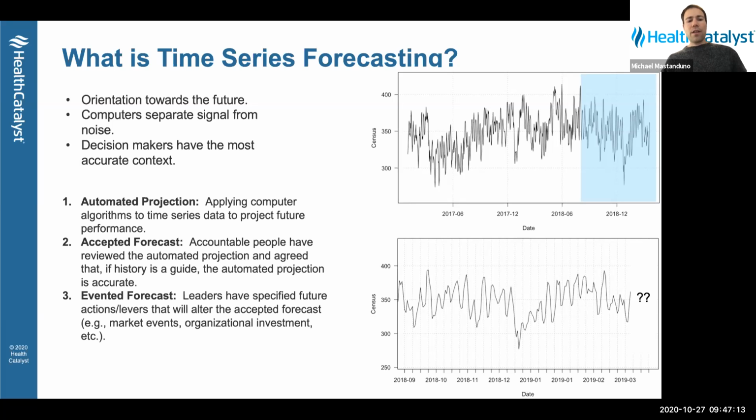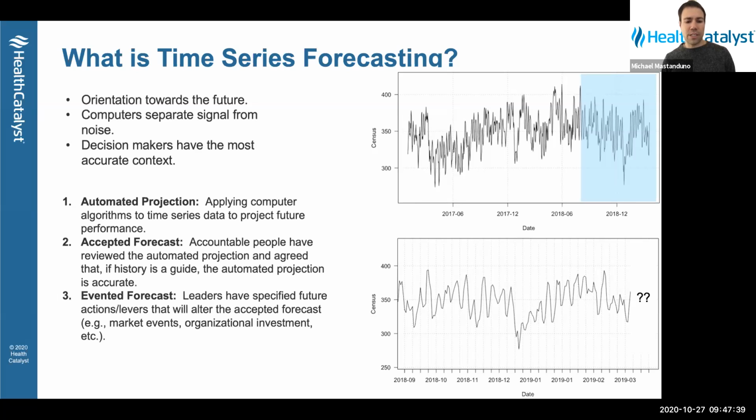There are 3 types of forecasting that are worth mentioning. The first is the automated projection, which is just applying computer algorithms to time series data to project future performance. Or there's the accepted forecast, which is to say that accountable people have looked at that automated projection and agreed that if history is a guide, that projection is accurate.